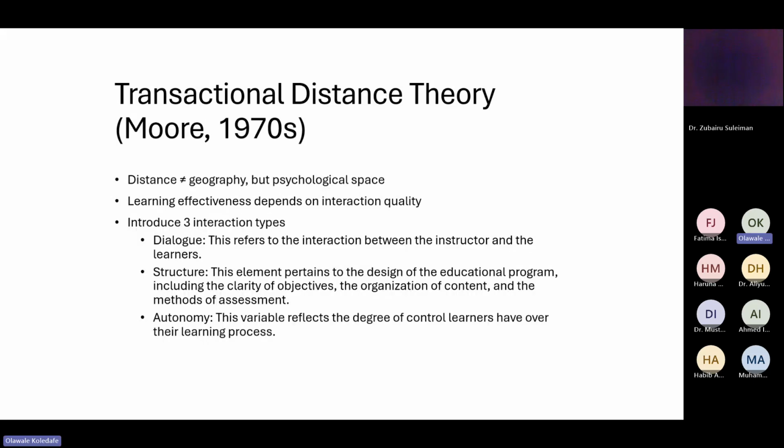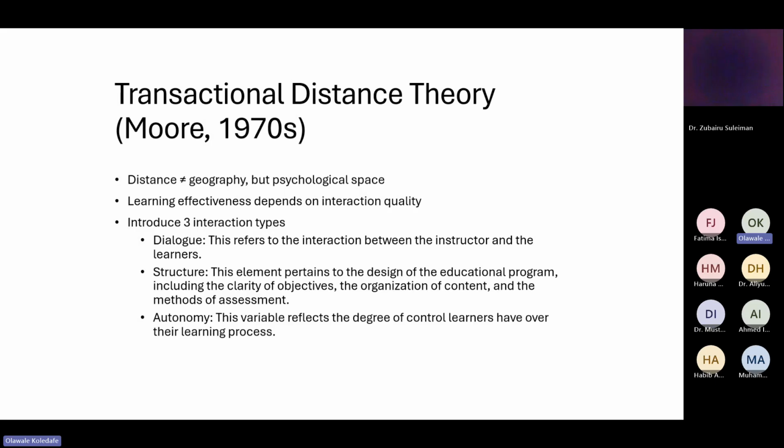When you liken these three levels of interaction to what happens in the face-to-face learning environment, you will see that the opposite is the case. Talking about dialogue, yes, there is dialogue, and it is from the teacher to the student, and mostly not vice versa, except when there is question and answer.